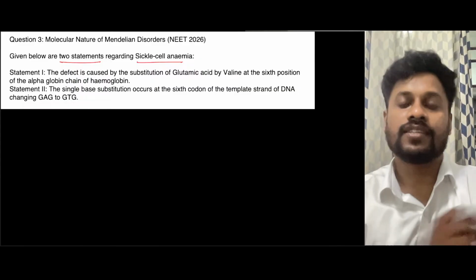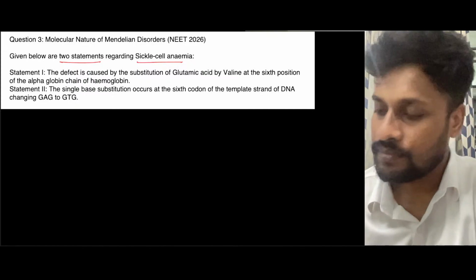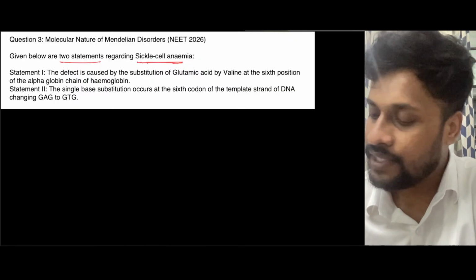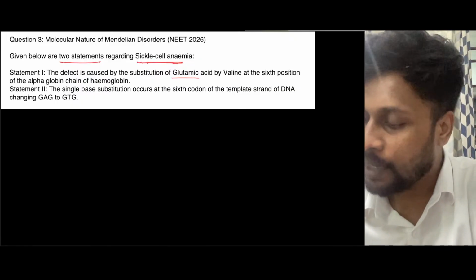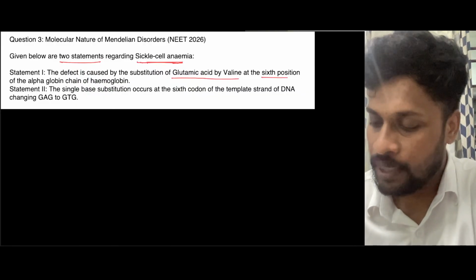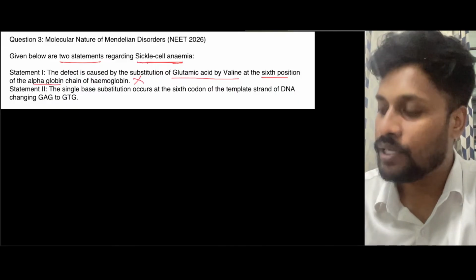Guys, what will be the answer here? Tell me. Here, in case of sickle cell anemia, defect is caused by substitution of glutamic acid by valine at a sixth position. These two are correct, but not alpha globin. It is beta globin chain.